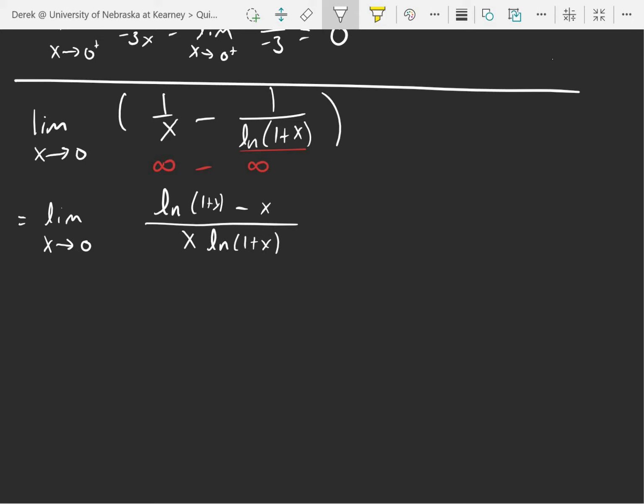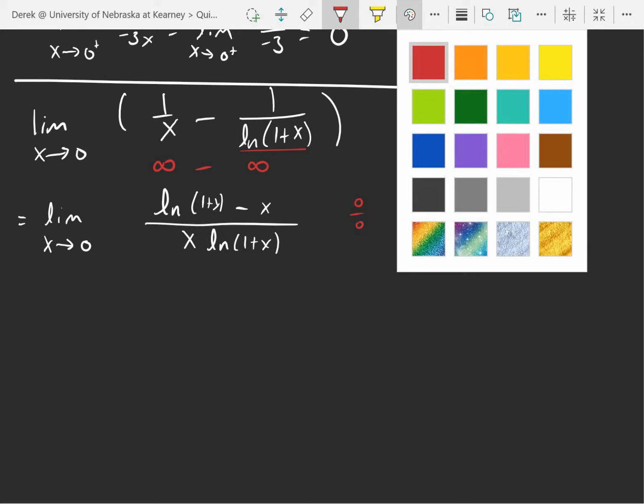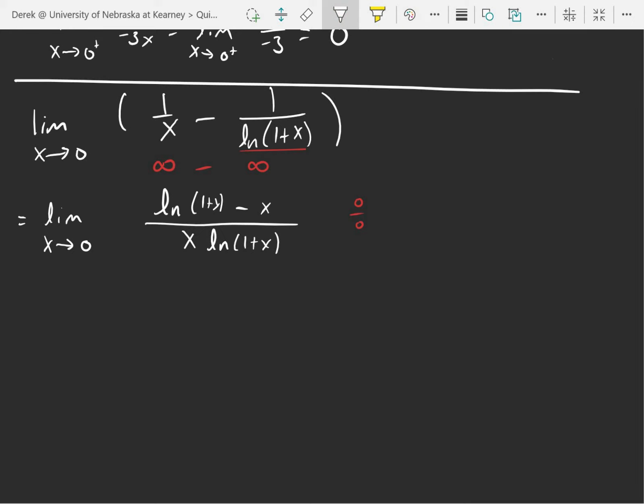Now I've got 0 minus 0, and the denominator goes to 0. So now I've got 0 over 0. Okay, let's finish this off then. We can take L'Hopital's rule.